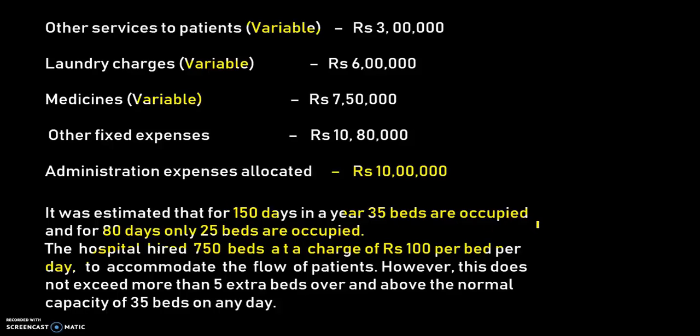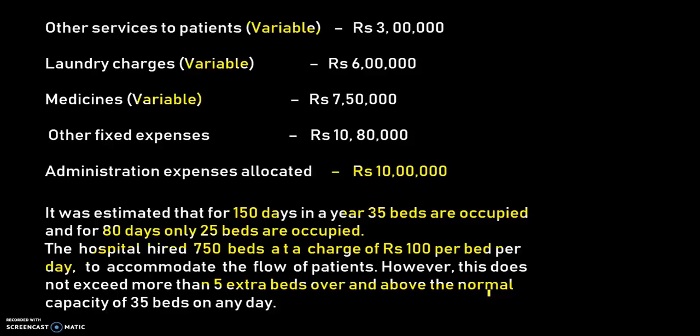So in that period, to accommodate additional people, they have hired 750 beds at 100 to accommodate the flow of patients. However, this does not exceed more than 5 extra beds over and above the normal capacity of 35 beds on any day.